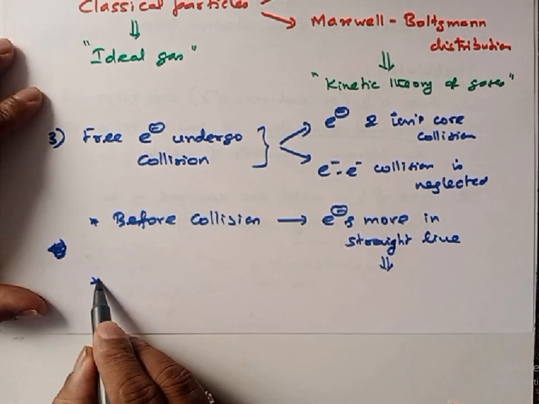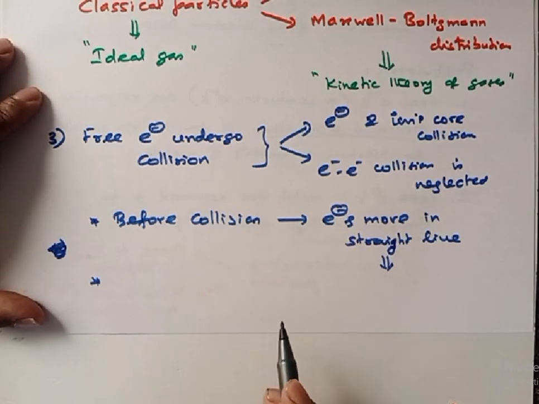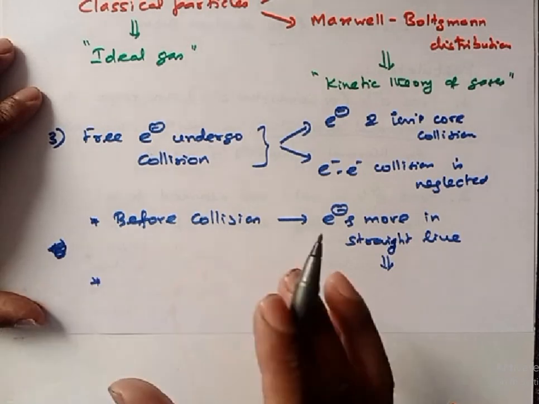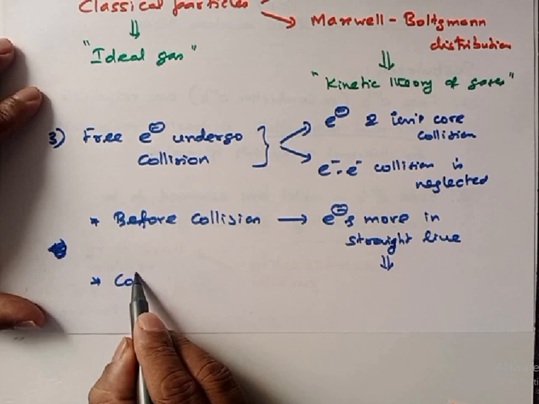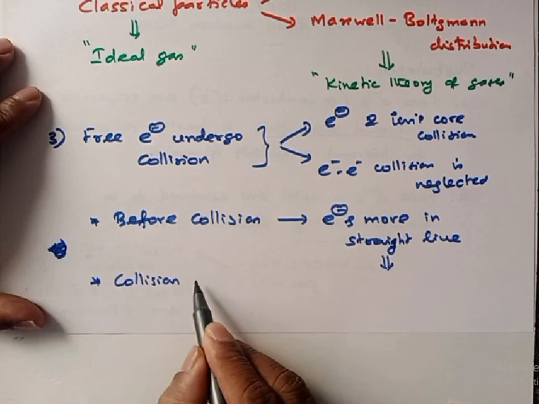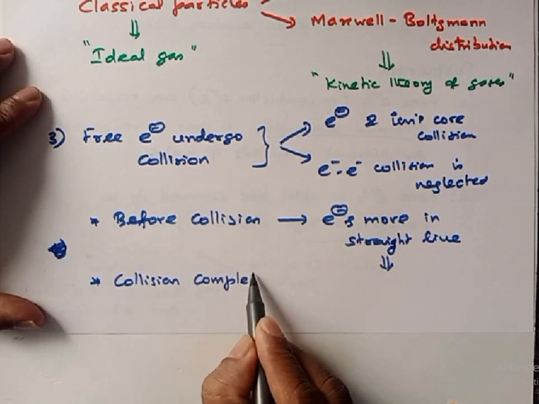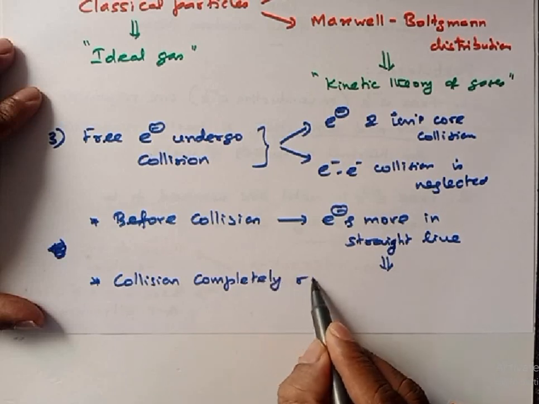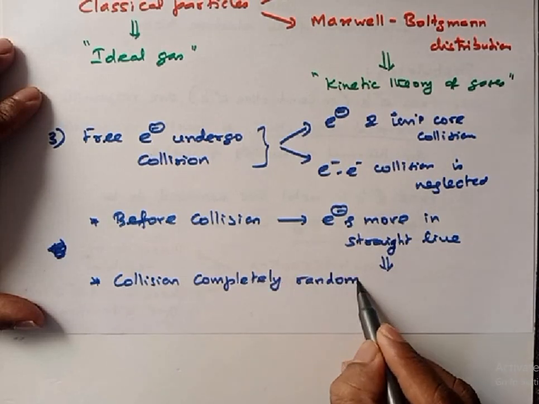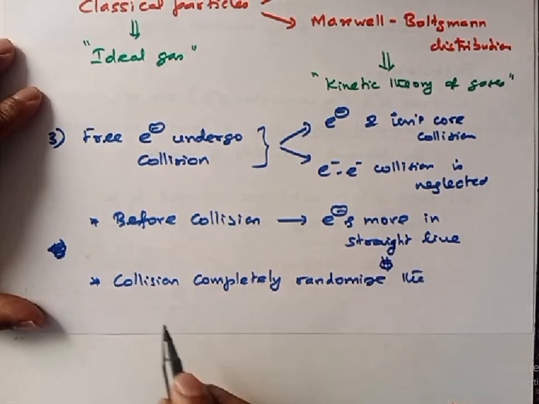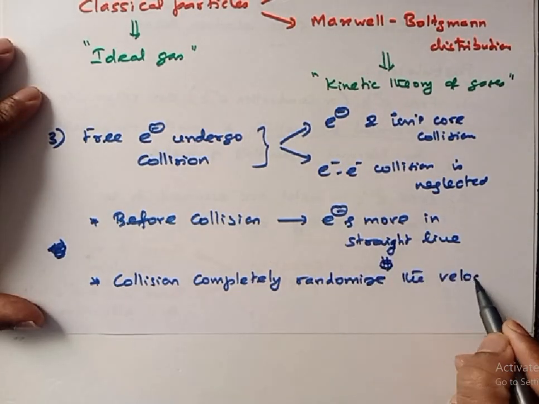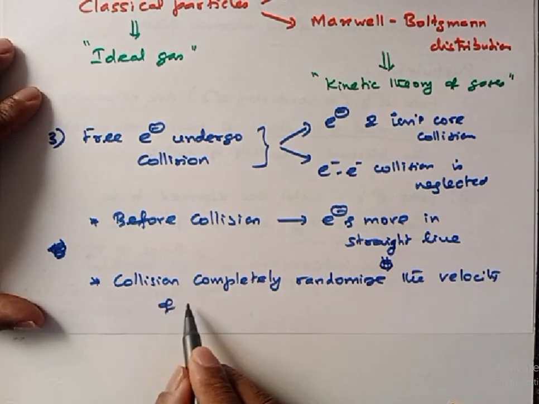But what happens once the collision occurs? Collision completely randomizes the velocity of the electron. Let me write that point here: collision completely randomizes the velocity of the electrons.